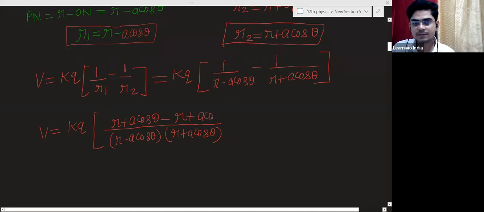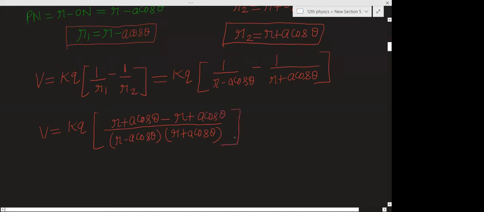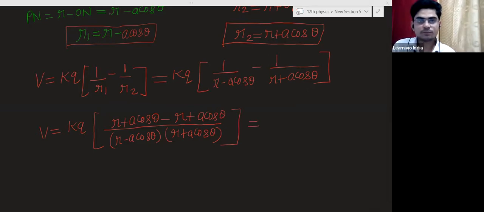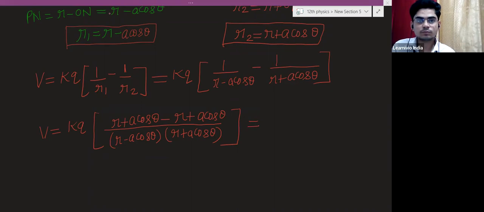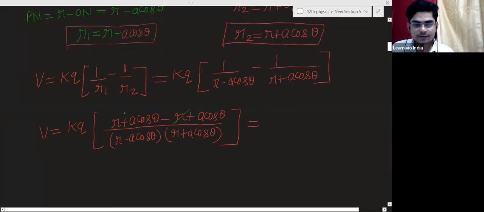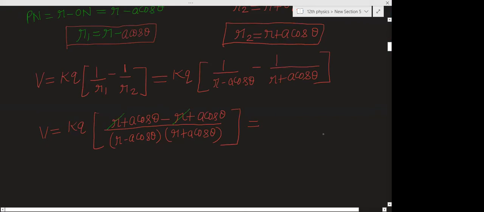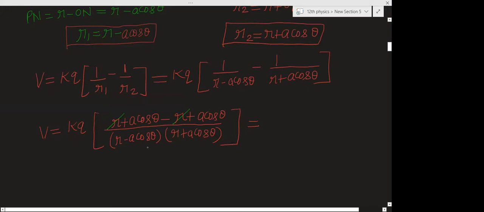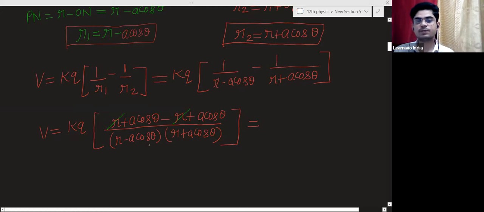Okay, fine, guys. We are very near to the result. Now let's see, can I cancel these? Yes. And what is this? R minus A cos theta into R plus A cos theta. You remember the formula: A minus B multiplied by A plus B will be A square minus B square.